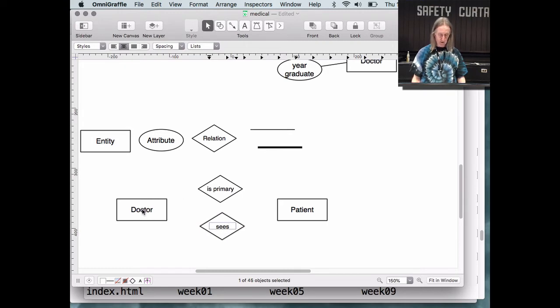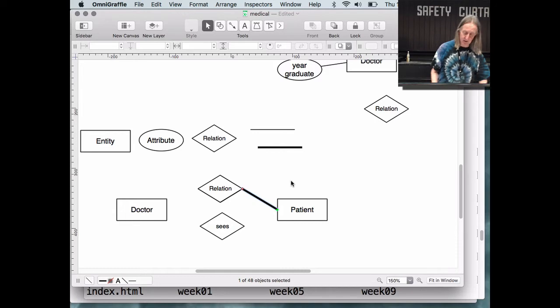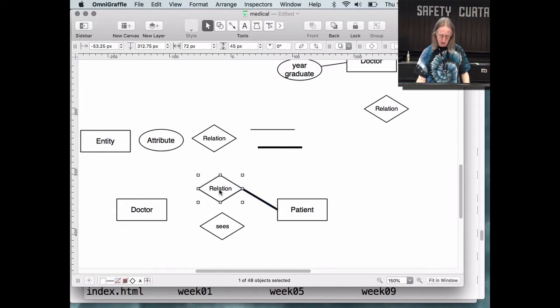All right, so what about the cardinality? Every patient has a primary physician. So we're going to need one of these. No, we're not going to need one of them. We're going to need one of these. So every patient is associated. Hey, why did that change?